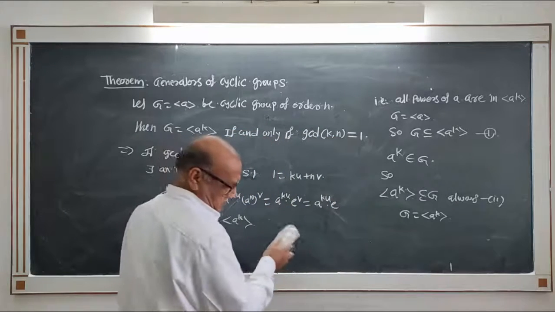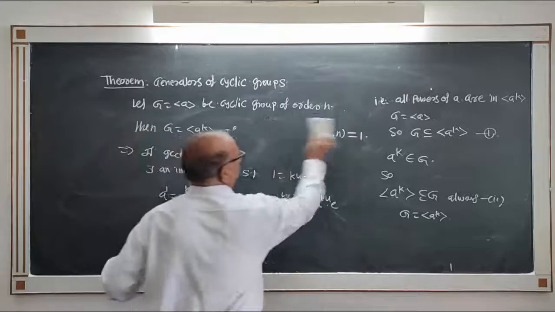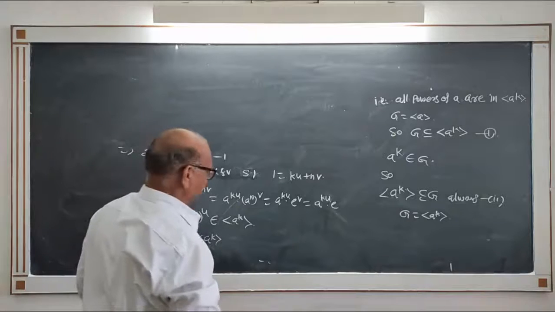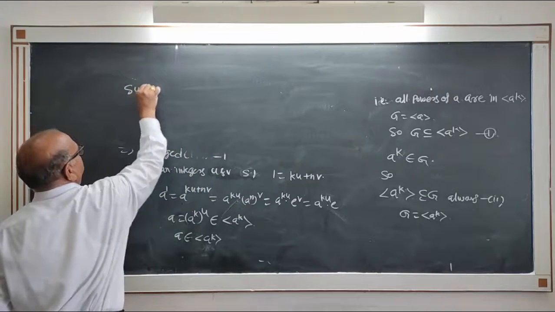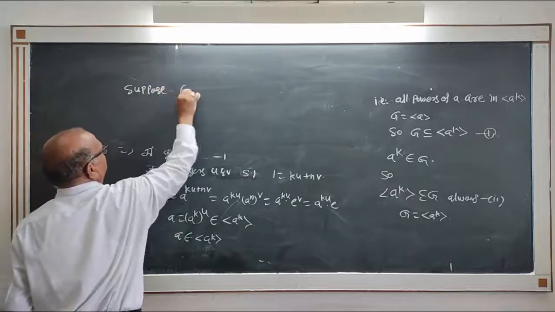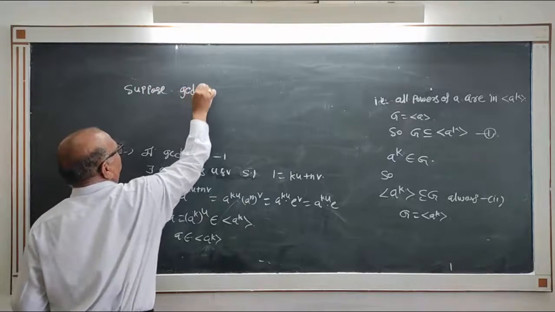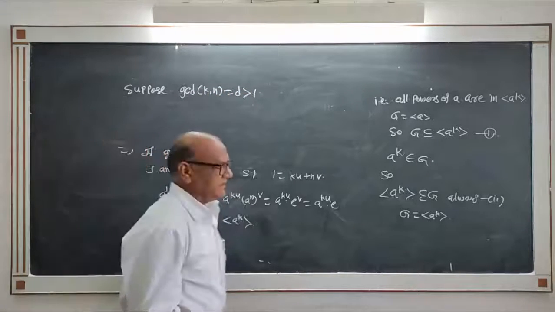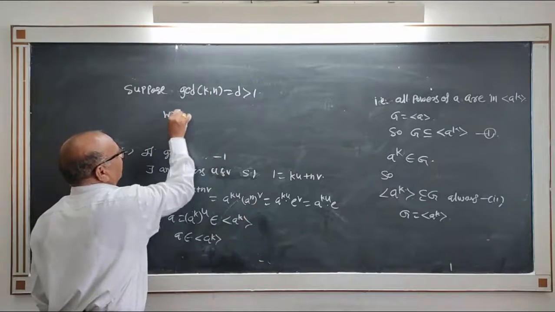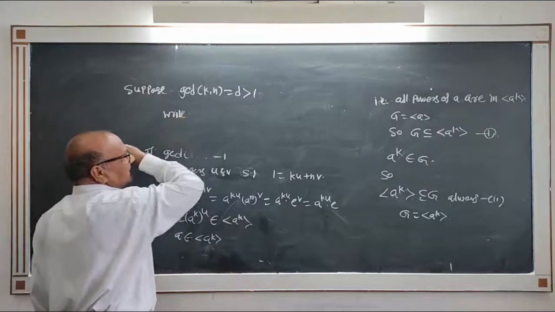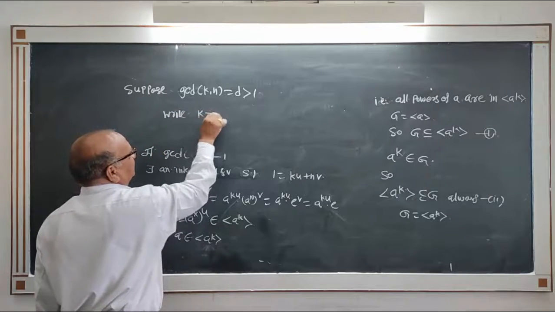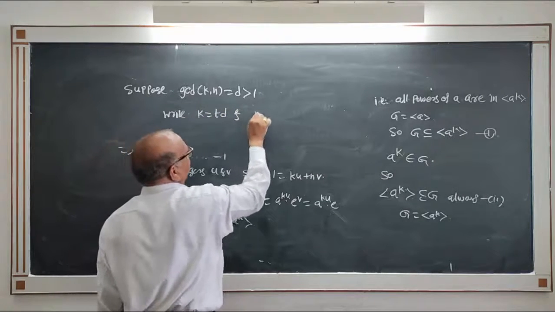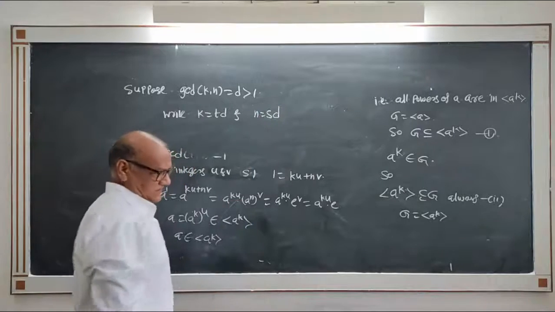Now, conversely, suppose GCD of k and n is equal to d greater than 1. Here d divides k, that means k is equal to td, and d divides n, that means n is equal to sd.